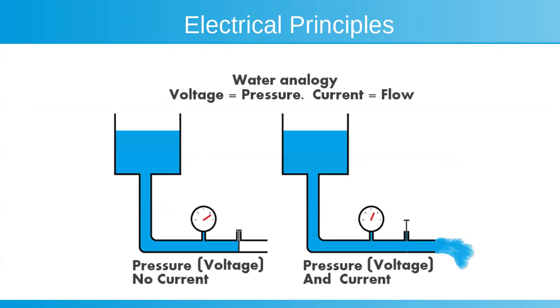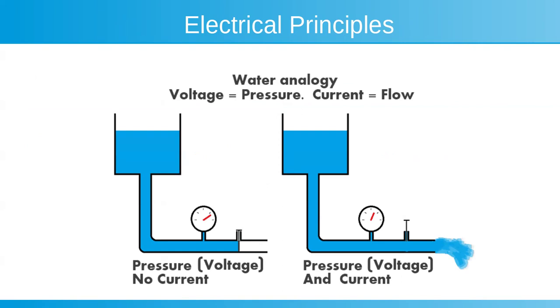A lot of people like to use a water analogy, where the height of the water represents the pressure. So that water pressure is equivalent to voltage. In the first drawing, it's blocked off, so we have no current. Basically, you have an insulator or a switch there. So there's no current flow, but you do have pressure. If we open that valve, it's equivalent to lowering the resistance or opposition.